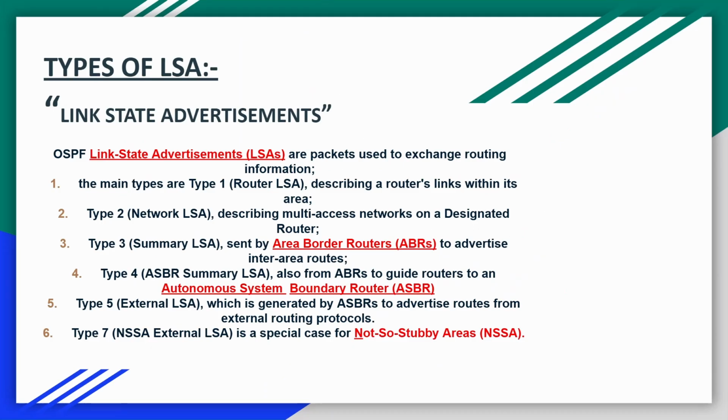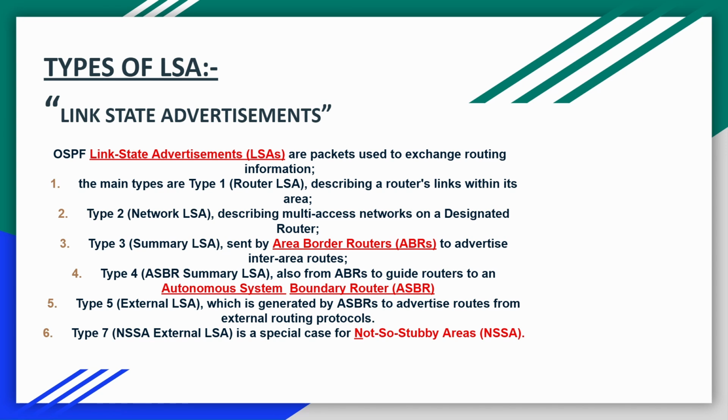Our next topic is types of LSA, link state advertisement. OSPF link state advertisements, LSAs, are packets used to exchange routing information. The main types are type 1 router LSA, describing a router's links within its area. Type 2 network LSA, describing multi-access networks, generated by designated routers. Type 3 summary LSA, sent by area border routers, ABRs, to advertise inter-area routes.